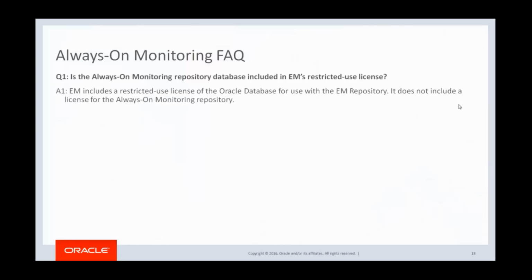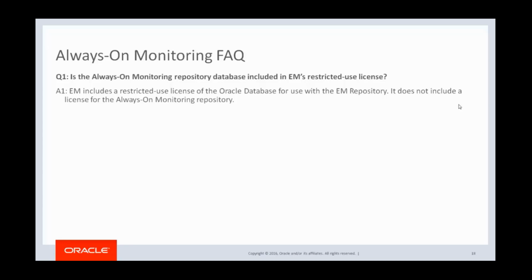The first question: is the always-on monitoring repository database included in Enterprise Manager's restricted use license? The answer is no. The AOM repository is not included in the restricted use license. So if you are to install the AOM repository on a brand new machine, you need a database license for that.